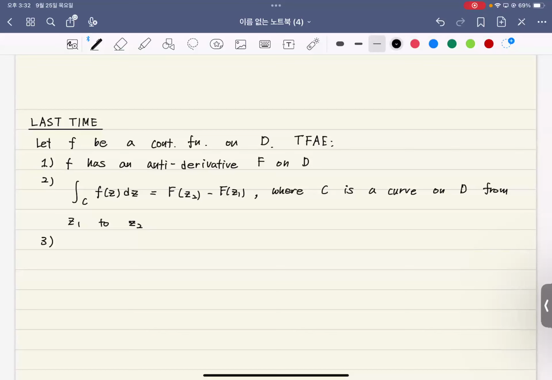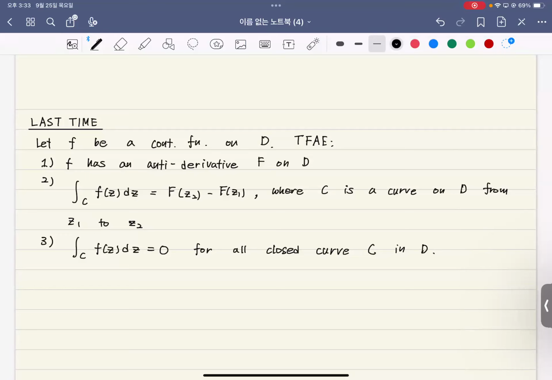And for number 3, if C is a closed curve in D. Sorry, I messed up. A closed curve C in D. Okay, so that is basically the main theorem of my previous lecture.